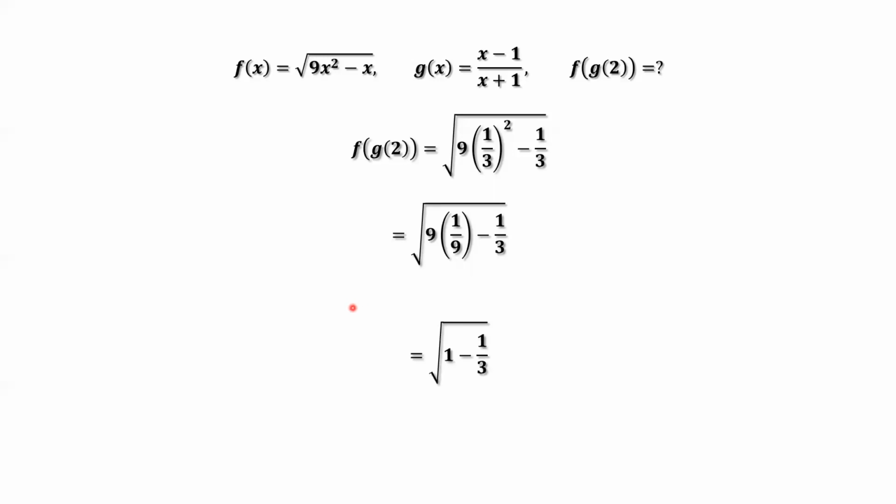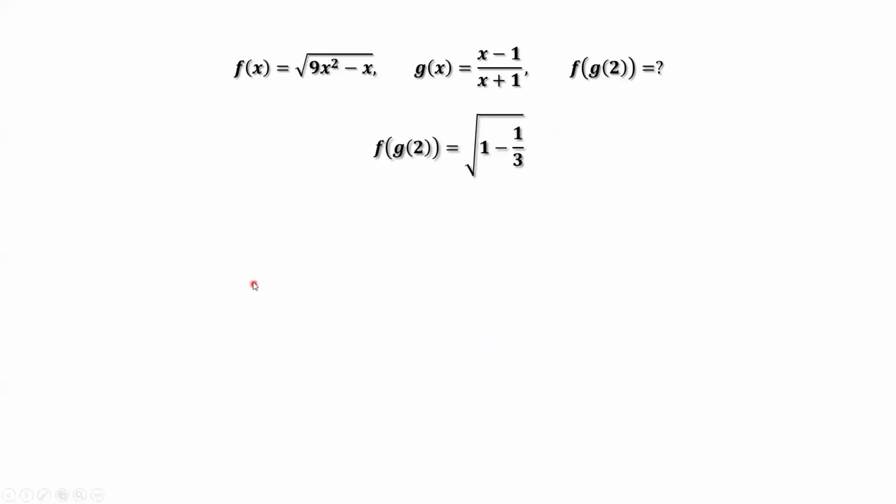It is square root of 1 minus 1/3. Simplifying the right side, and again, we have f of g of 2 equals square root of 2/3.